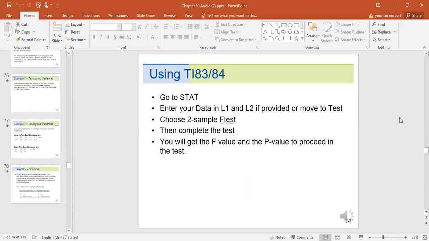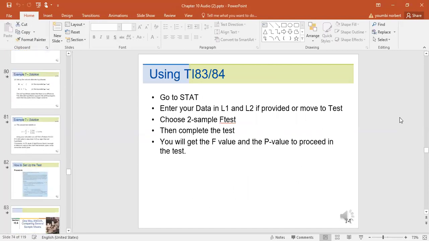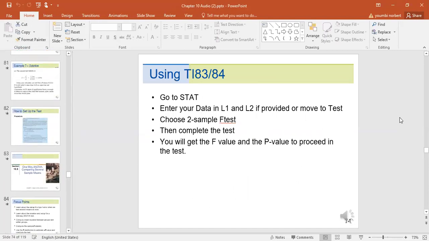For those using Excel, if you enter the data, I will come back to Excel. If you have data on Excel, you go to data analysis. By now, we should know all those data analysis, and then you will see two sample F test for variance.